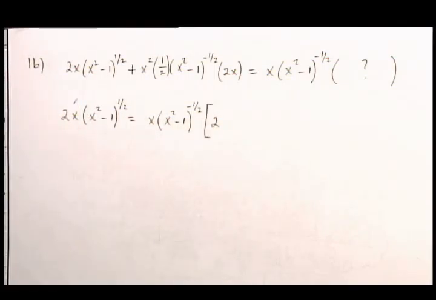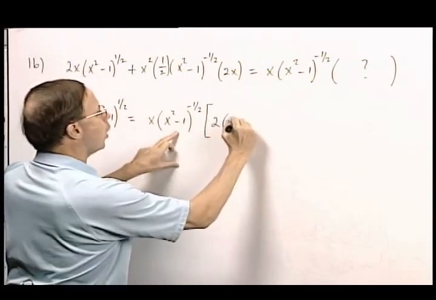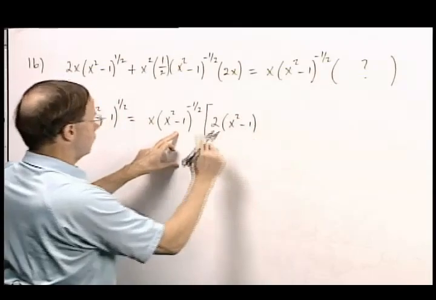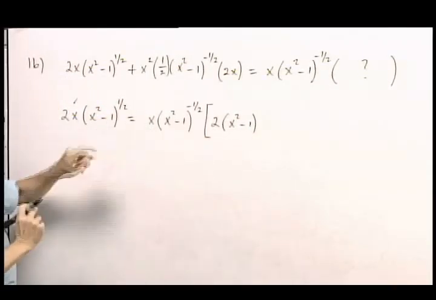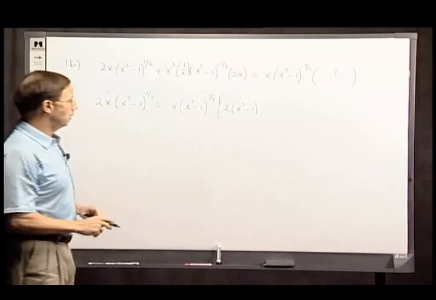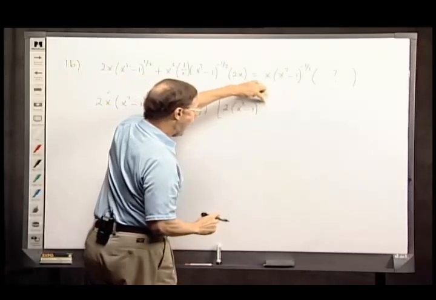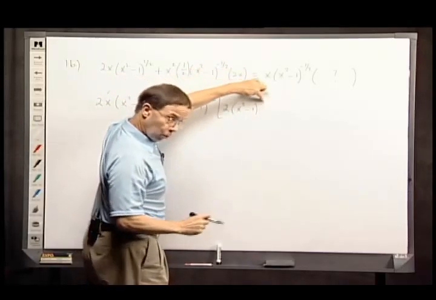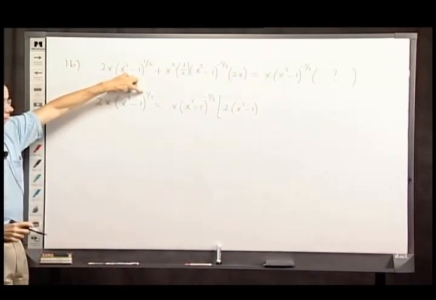Now I've got to give this some thought. I'm going to have some factors of x squared minus 1 in here because those exponents aren't the same. Question now is, how many such factors do I need? In multiplication, I'm going to be adding those two exponents together to get that exponent.